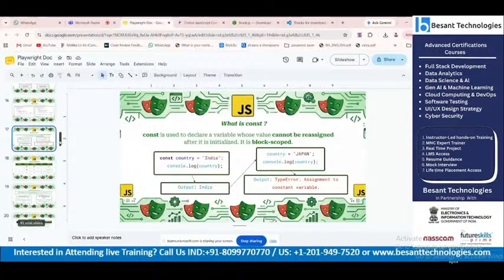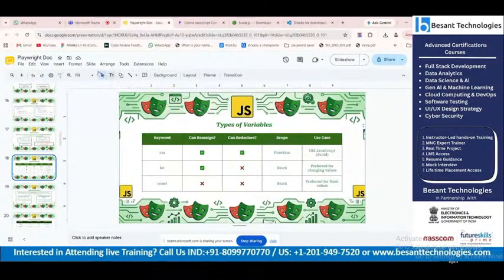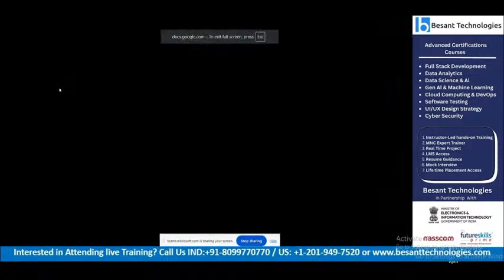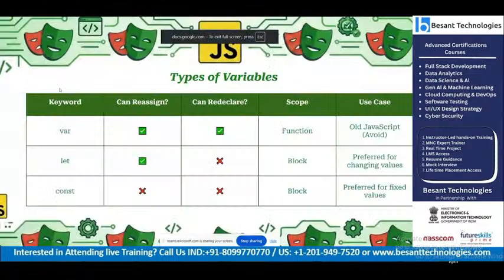Okay, I think now we are going to summarize what we saw until now. These are the types of variables we have in JavaScript, guys: var, let, and const. As I already told you, var can be reassigned. Let can also be reassigned, but based on the block, as I showed you.